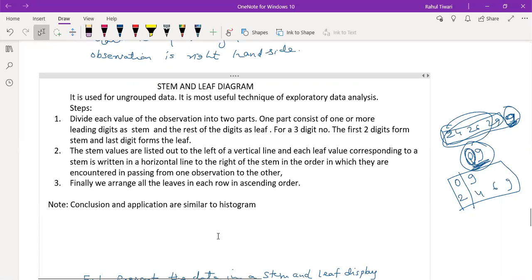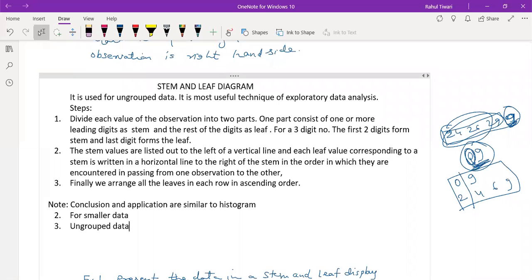The only thing is that we use it for smaller data and ungrouped data. Obviously, smaller data does not mean that it is always ungrouped data, but generally we use it for ungrouped data.